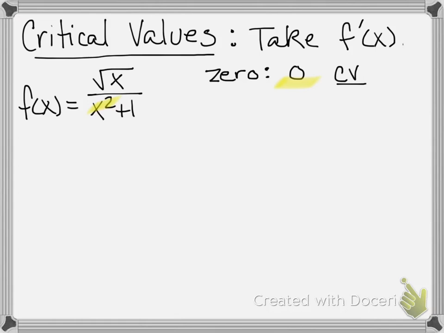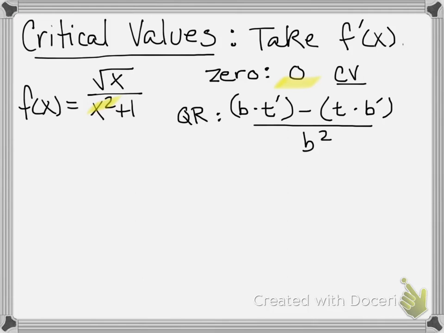So from here, we go ahead and take the derivative, and so we're going to use the quotient rule, and that is the bottom times the derivative of the top, minus the top times the derivative of the bottom, all over the bottom squared.